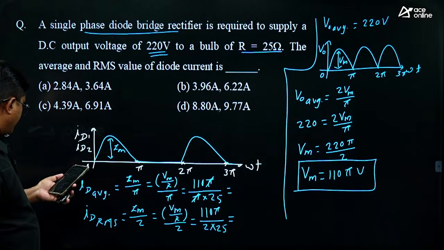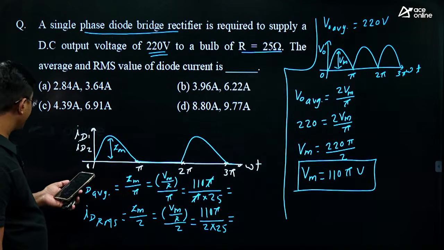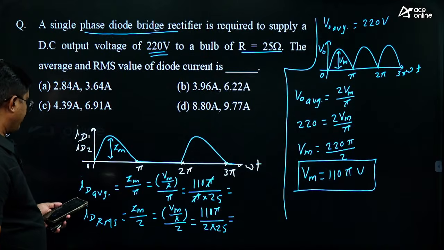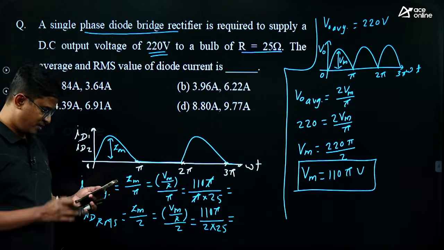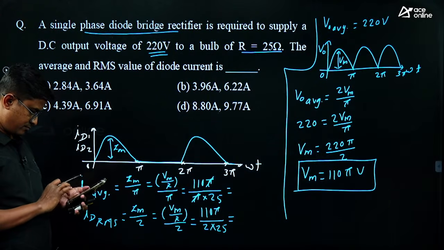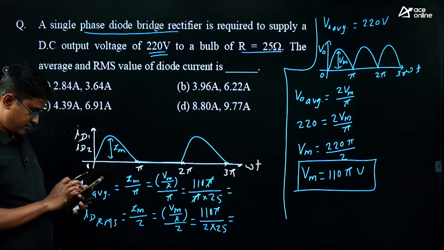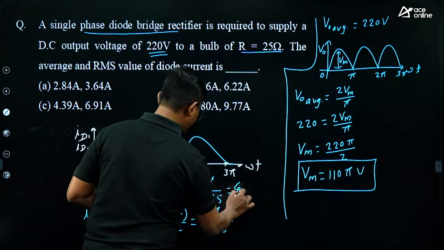What you are getting, 4.39 and 6.91, is it correct or different? Tell this ratio 110 upon 25. Yes, it is 4.4.